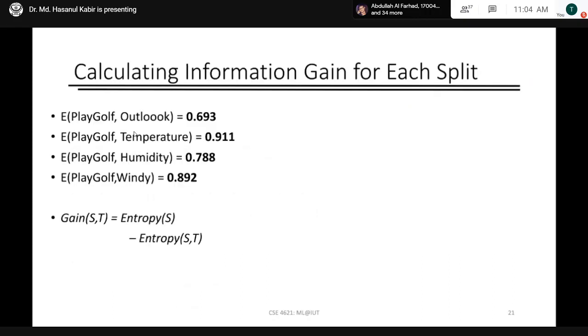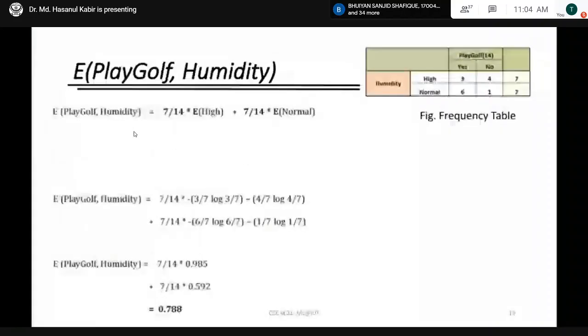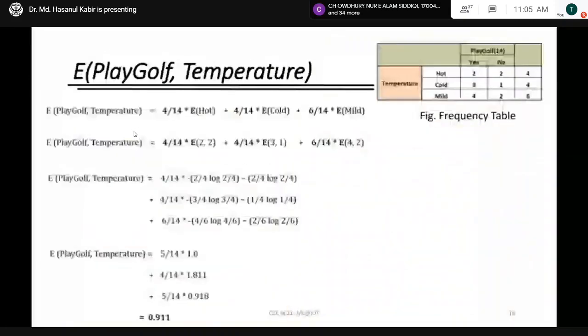If I compare all of them together, I have given you the entropy values for all possible splits: outlook, temperature, humidity, and windy. Which one is giving you the lowest entropy? Outlook.